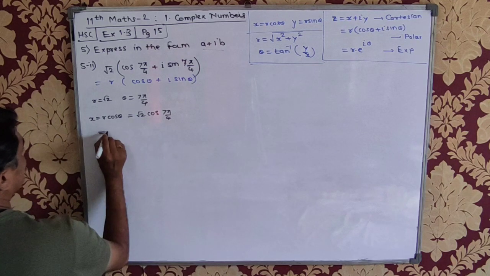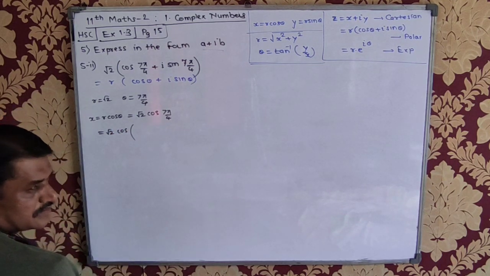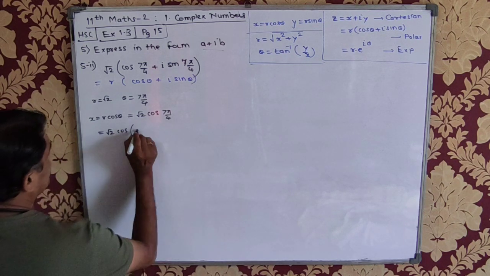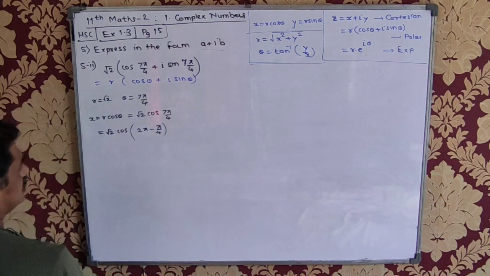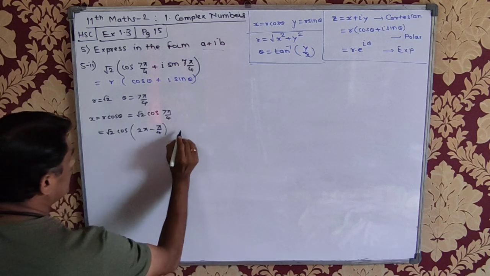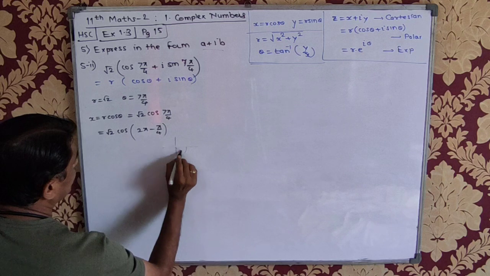7 pi by 4, how do we express this? This is 2 pi minus pi by 4, that is 8 pi minus pi by 4, 7 pi by 4. Now which quadrant is it in? 2 pi minus pi by 4.